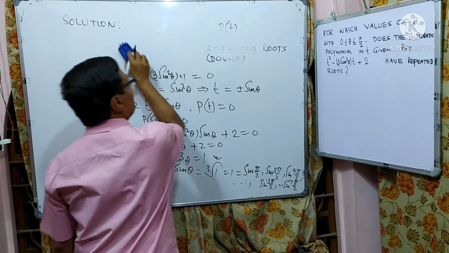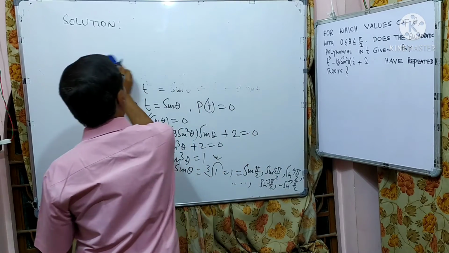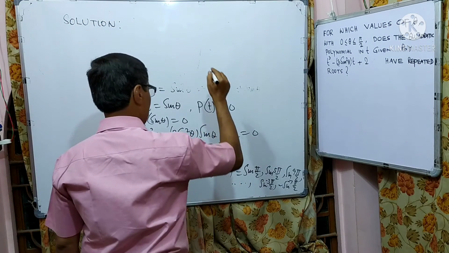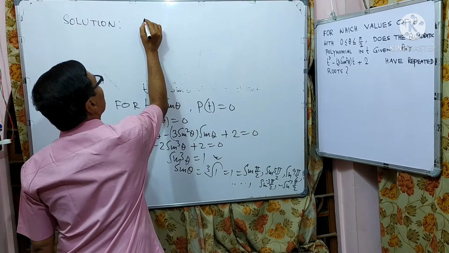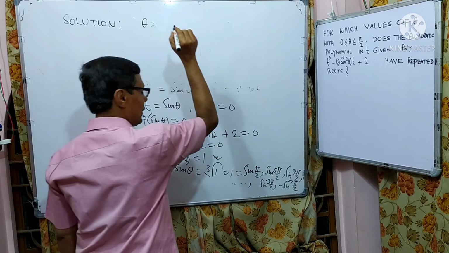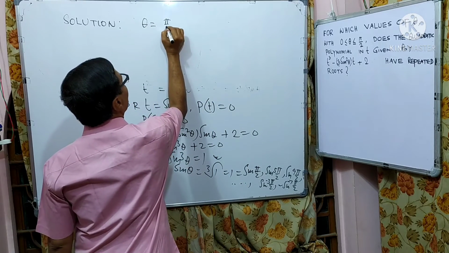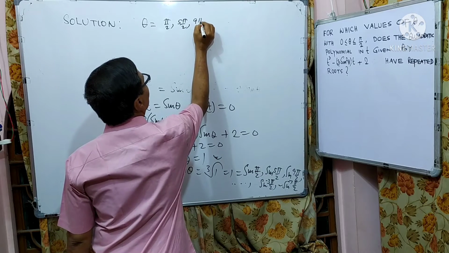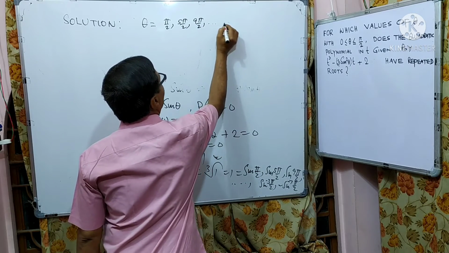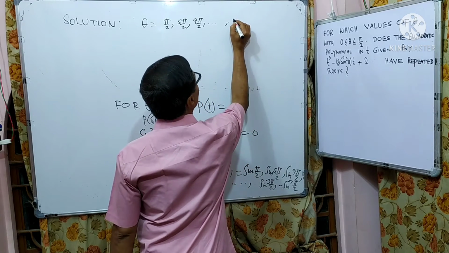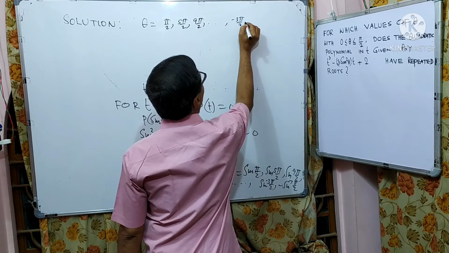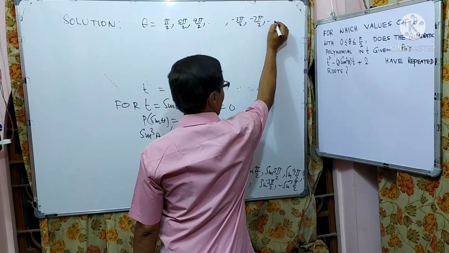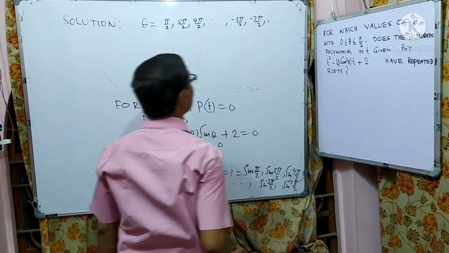So here we have got the values of theta equal to pi by 2, 5 pi by 2, 9 pi by 2, and so on, minus 3 pi by 2, minus 7 pi by 2, and so on.